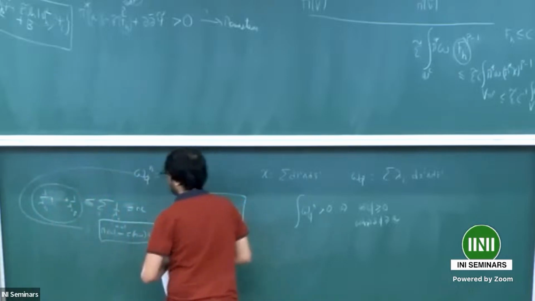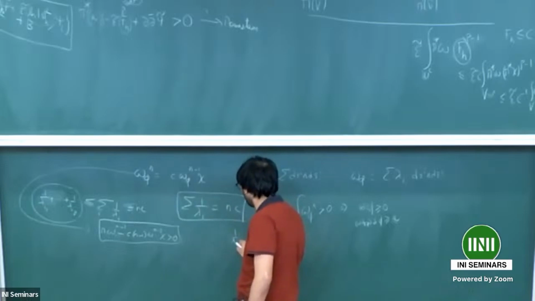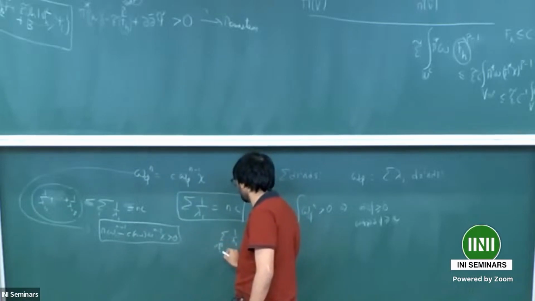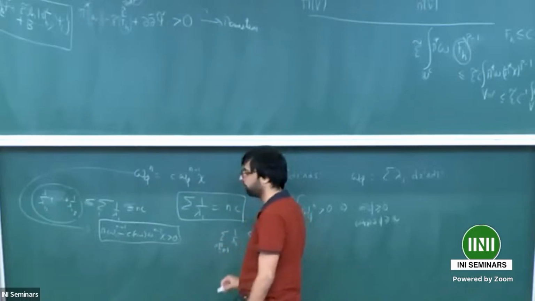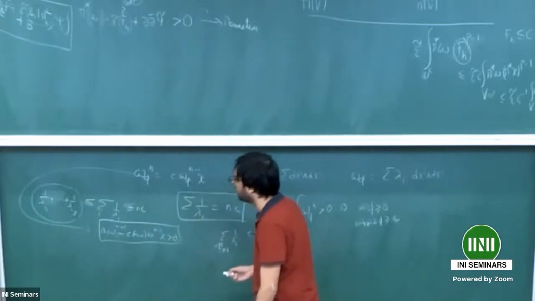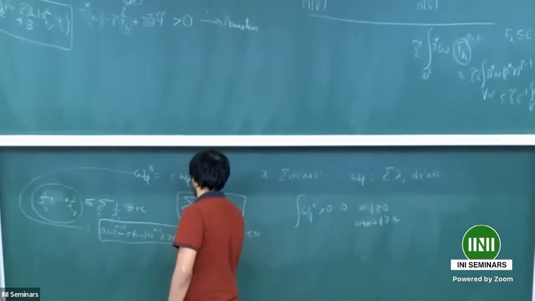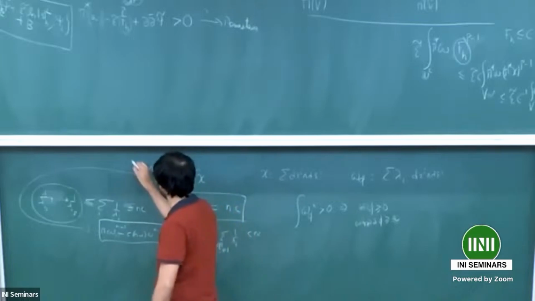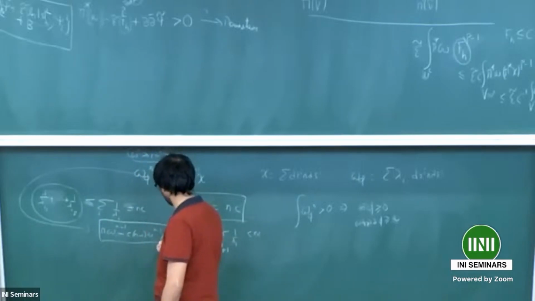This is exactly the same as saying that if you take the sum of 1 over lambda_i for an index set of size n minus 1, then this is strictly less than NC. Okay, this is exactly the same as that, right? So this is the so-called Cone condition or the subsolution condition. I don't like using the word subsolution because that would remind me of something like this. This is what I would have liked to call a subsolution. That's why I call this a Cone condition. Okay?